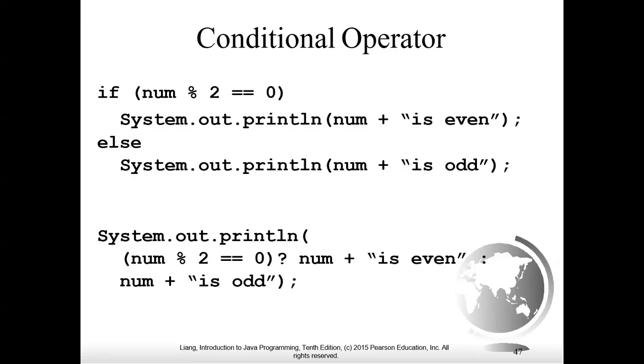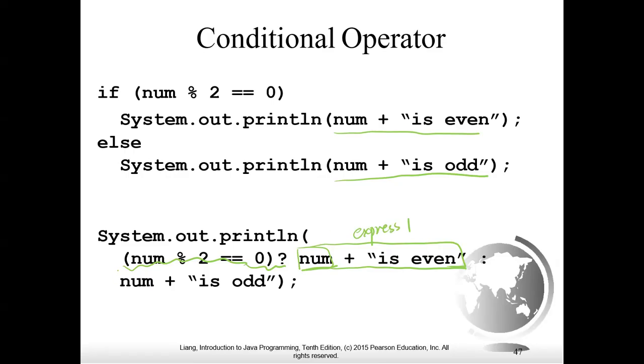So here is the system output. The number is even, right? The number is odd. So here we write everything in one line of code. Here we make our decision. If the decision is true, then we output the number is even. This is the whole expression 1.